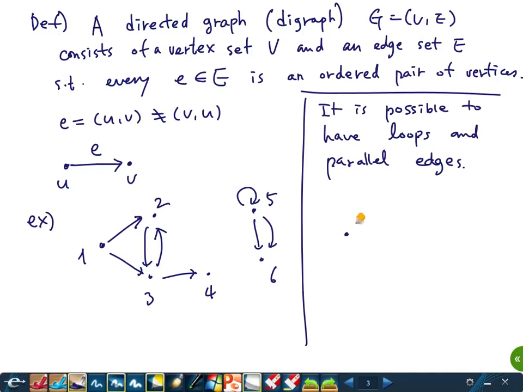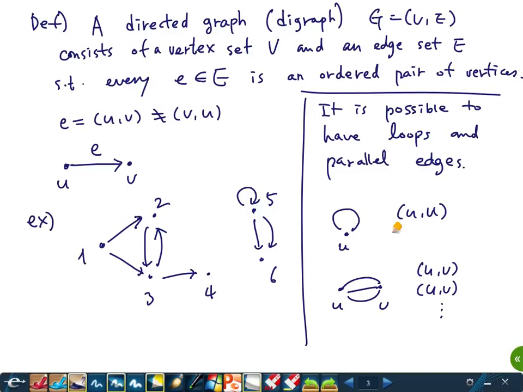Loops mean an edge like (U, U), directed or not. Or we may have more than one edge between two vertices, like U and V. But mostly we will consider graphs without loops and parallel edges.